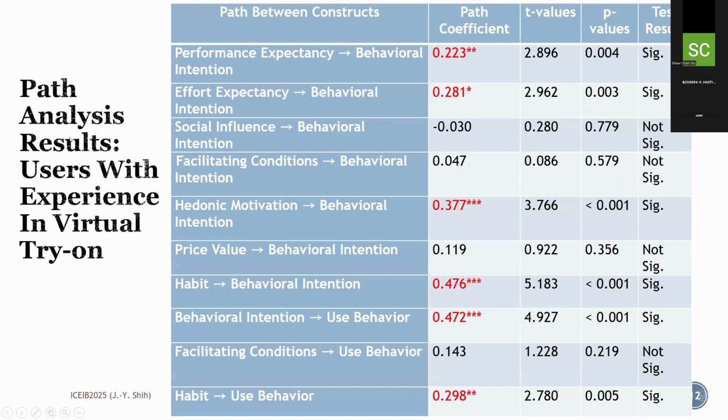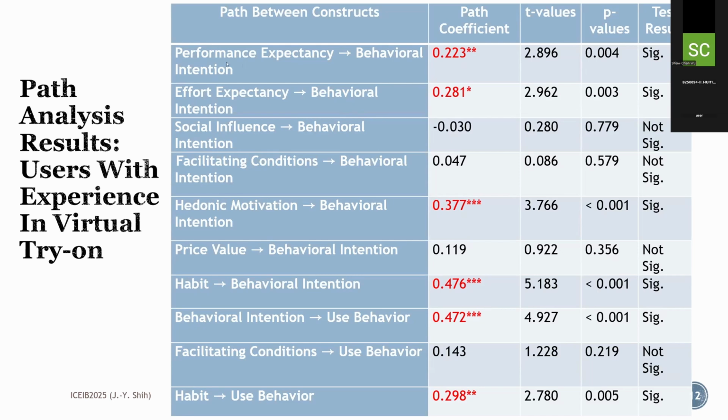And the results are shown in this slide. It shows the path analysis results. If we focus on users with experience in virtual try-ons, we can find that in this slide, the numbers marked in red are significant coefficients.